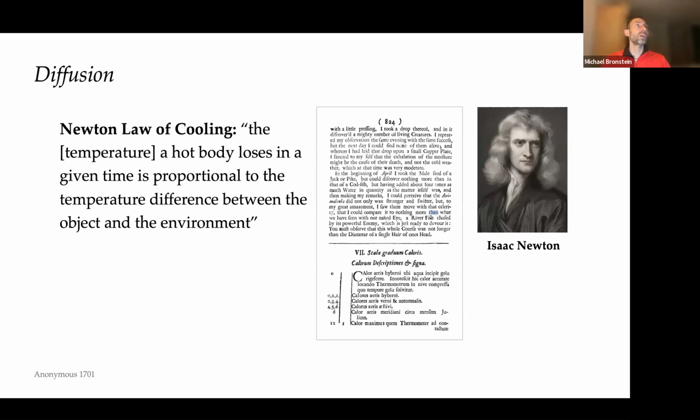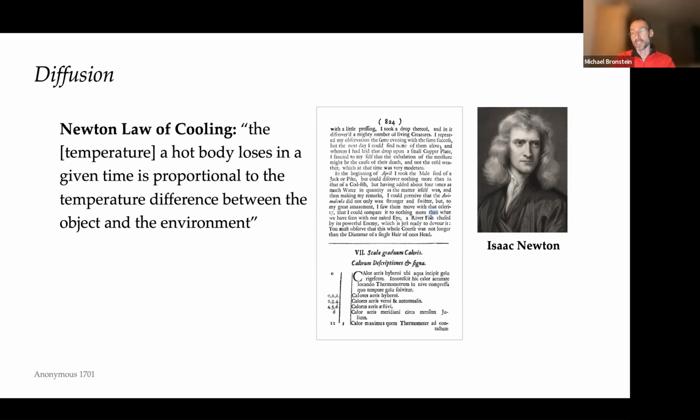So if you think of what kind of physical systems or physical processes you might consider when you want to model propagation of information, the first thing that will probably come to your mind is the process of diffusion. And diffusion has been studied rigorously, probably for the first time, by no one else but Sir Isaac Newton. He published it anonymously in the Transactions of the Royal Society in 1701.